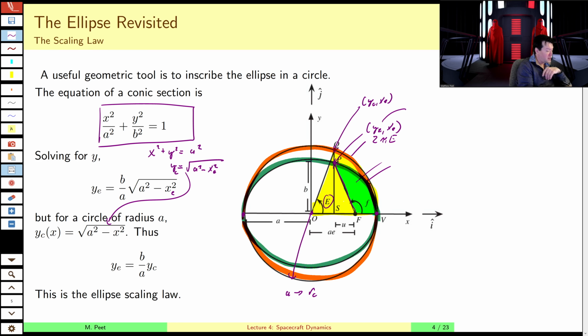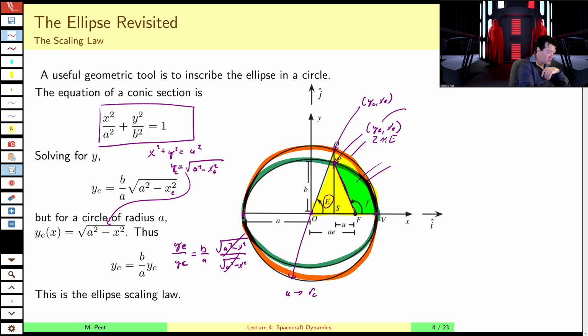And so if we then write down the ratio of that number, y_c over y_e, we just plug in both of these formulas, and the square roots of a squared minus x squared cancel, and so we get just b over a.